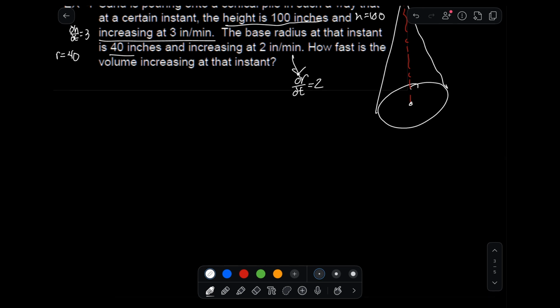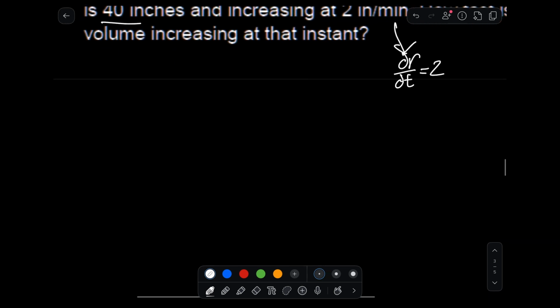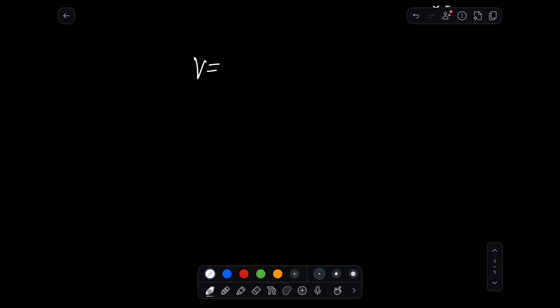We know the volume equation for a cone is 1/3 pi r squared h. Let's get that down. Now let's take the derivative with respect to t, and we have to invoke the chain rule because we have multiple variables involved.